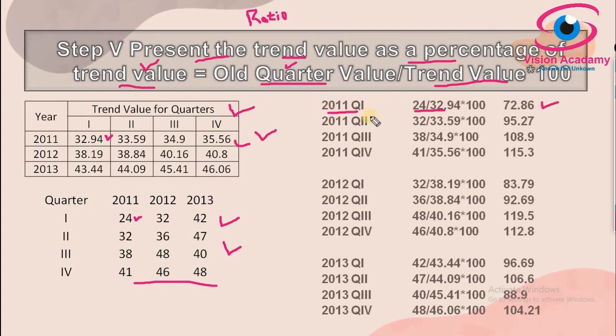And for the second quarter of 2011, the old value is 32 and the trend value is 33.59. So here 32 by 33.59 into 100, this is 95.27. And for the third quarter of 2011, the old value is 38 and the trend value is 34.9.